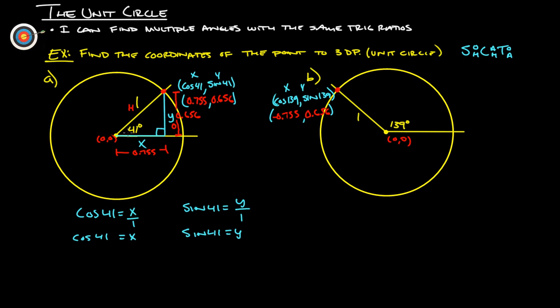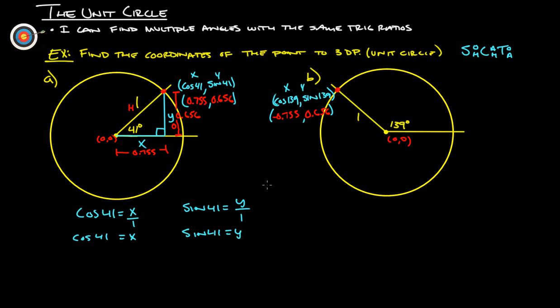Now, if you'll notice, these two actually happen to have the same y value, and they actually have exactly opposite x values. So basically what's happening here is this point is the exact same height just over on this side. So we kind of rotate through on this circle, come over to here, and we end up with the exact opposite sign. 0.755 now turns into negative 0.755 because we're going to the left, but it's still going up 0.656. So it's still 0.656.